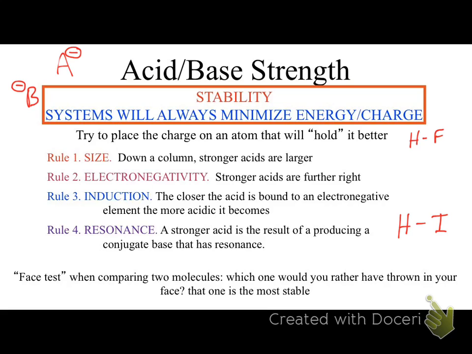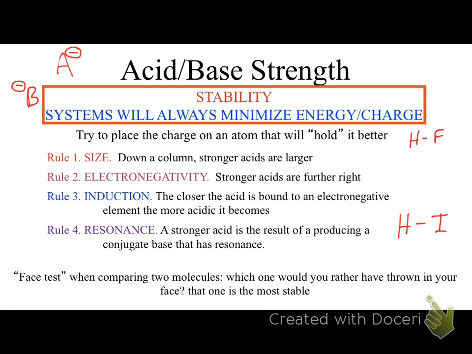Which one's the stronger acid? HI. Even though its electronegativity is lower than fluorine's.